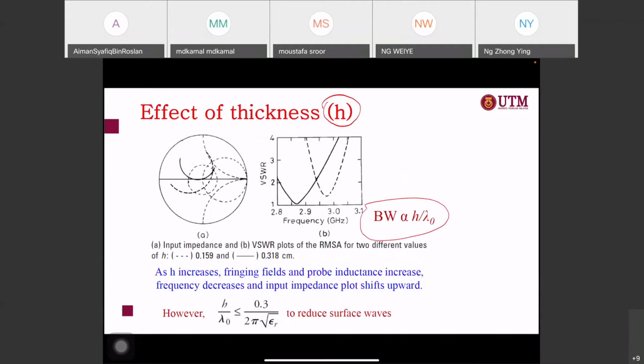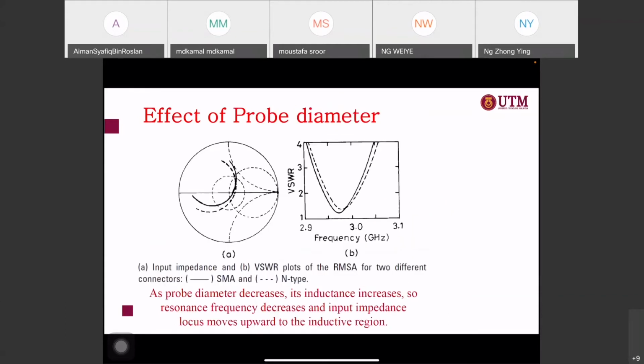However, h over lambda naught should be less than 0.3 over 2 pi. So these are some of the parameters that maybe you can look at for this patch antenna when you are going to do the second assignment later on. This is a parameter that you can get from the software from your simulations.